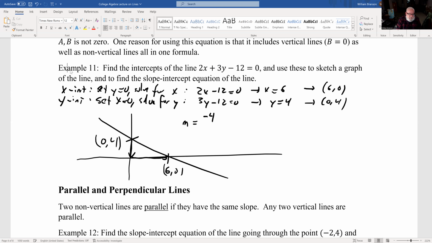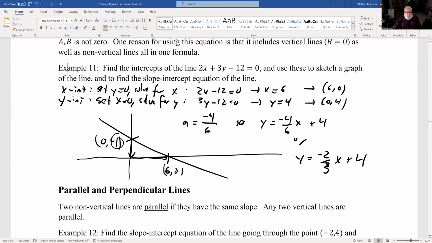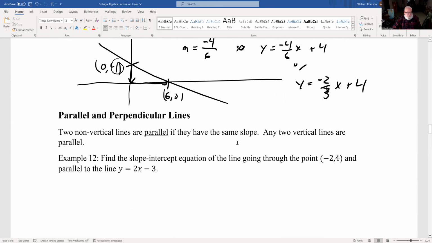So change in y is minus 4, change in x is 6. And we know what the y-intercept is, it's 4. So there's my slope plus my y-intercept. Or if you want to clean that up a little bit, there's my slope-intercept equation of the line.